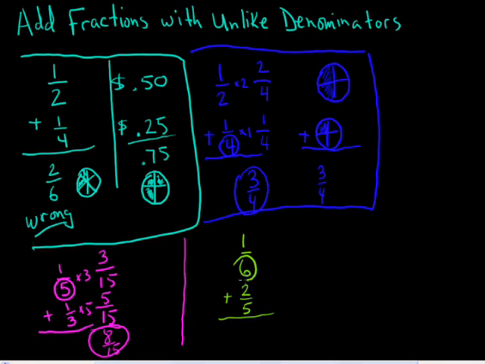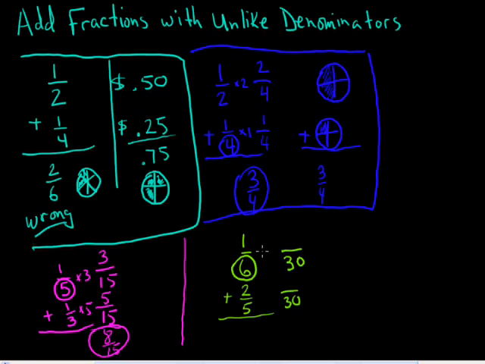So I circle my bigger denominator, and I skip count by that until I get a multiple of the 5, or a common multiple of both of the denominators. So I'm going to count out loud to myself, and then you'll know when to stop when you hear me say the number. 6, 12, 18, 24, 30. There we go. 30 is the least common multiple of 5 and 6.